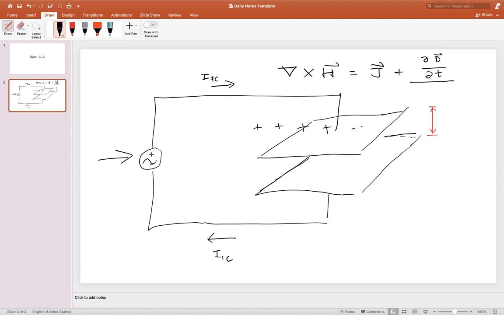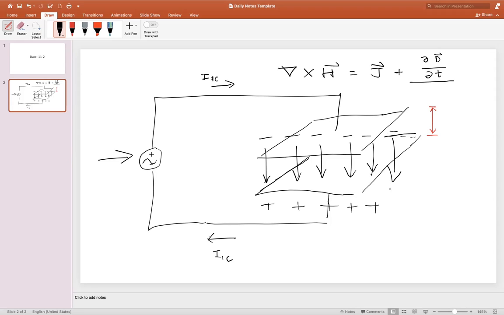Sometimes the top is going to stack up with positive charge and negative charge. And then sometimes what's actually going to happen is the opposite way, where we are building up negative charges on top and positive charges down here. And that's going to change as the time changes. And that change in time is going to create an electric field.